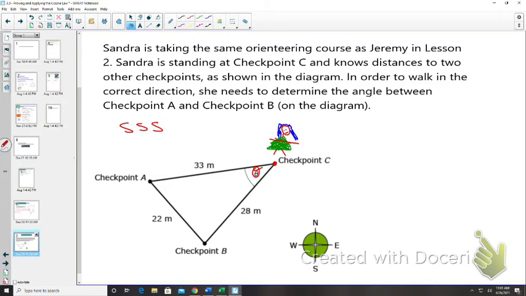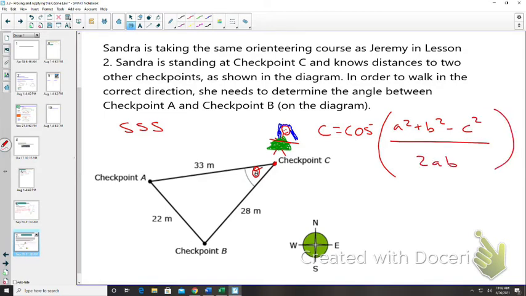When looking for an angle, we want to use cos C is equal to a squared plus b squared minus c squared over 2ab. Now, remember to be solving for c, we need to take the cos inverse of a squared plus b squared minus c squared all over 2ab. What is important here is not the a and the b.